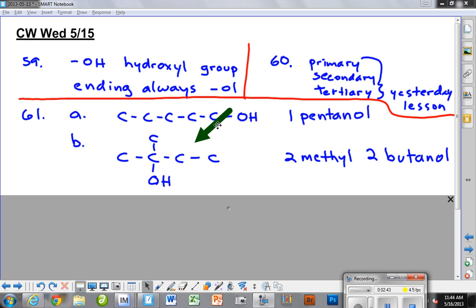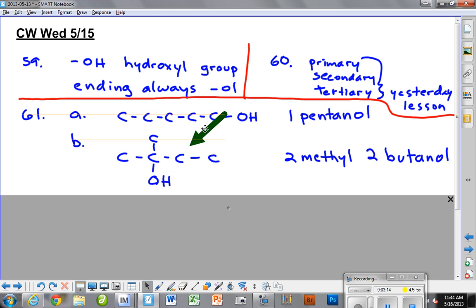Here in letter B on 61, we have a 4-carbon chain. That's the longest chain, and that's a 2-methyl-2-butanol. 2-methyl because the methyl is on number 2. 2-butanol because the hydroxyl group is hooked to carbon number 2. This becomes carbon number 1 because the hydroxyl is closer to this end than to this end.